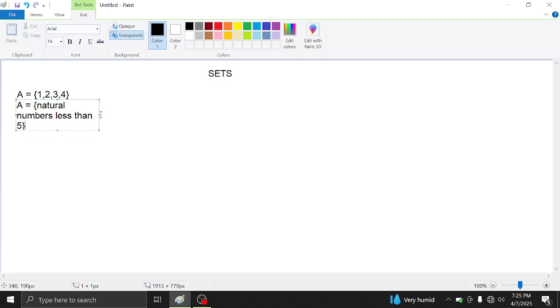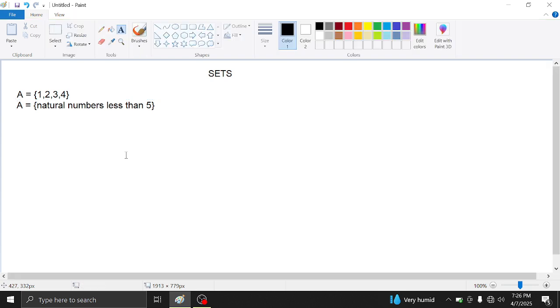Also, let's move on to the types of sets. We have finite set, a set whose last member can be found is a finite set. So when we check from our example, A having members of 1, 2, 3, and 4, the last member of set A is 4. So A becomes a finite set because the last member can be found. Any set having its last member known is known as a finite set.